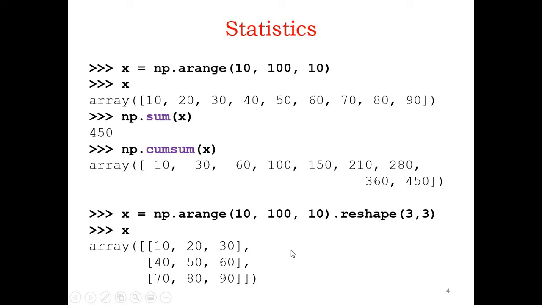You remember this. Now, if you take the sum of this array, but now the array is two-dimensional, so instead of a plain sum, you now have to tell along which axis you will sum. If you now say np.sum(x, 0), that means you are trying to sum along axis 0. What is axis 0?